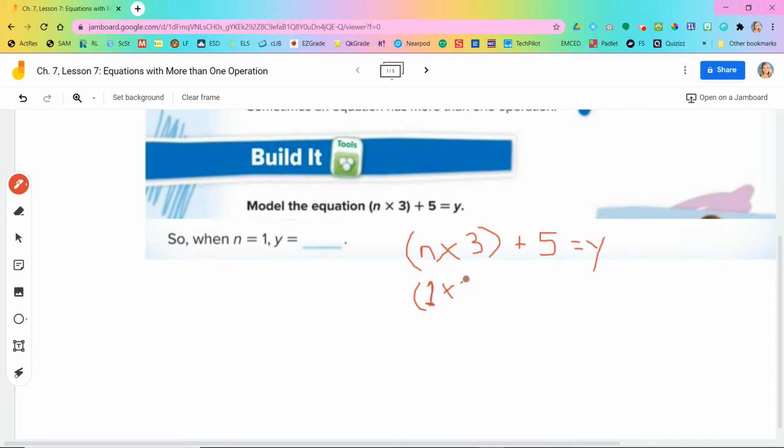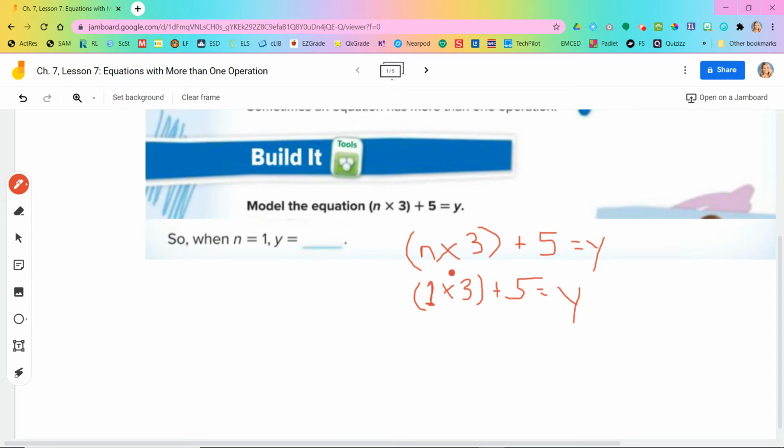I'm going to copy everything else down the way that it is in my equation. And now I'm ready to solve for y because I know what n is equal to. So I've put in the input to get my output of y.